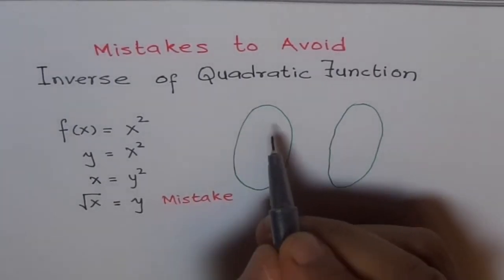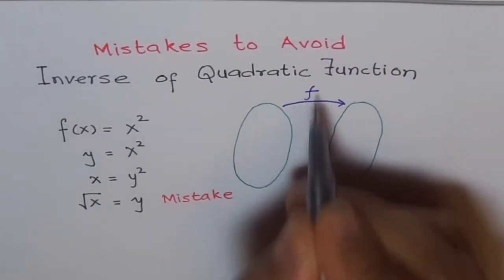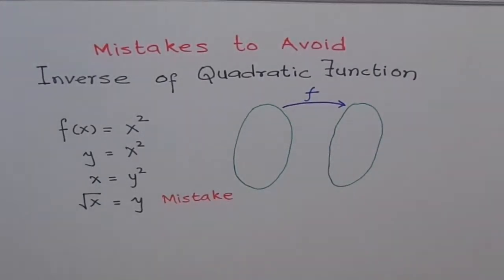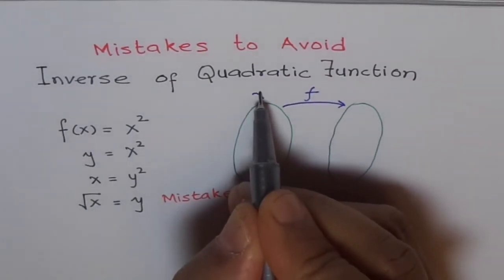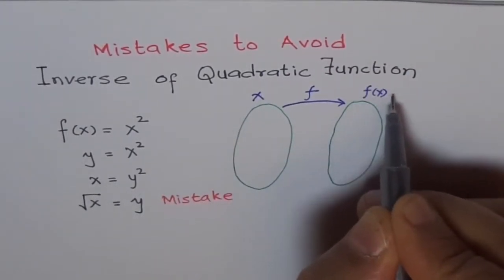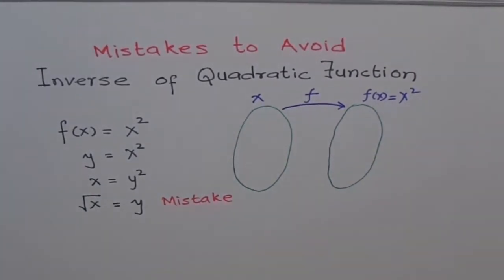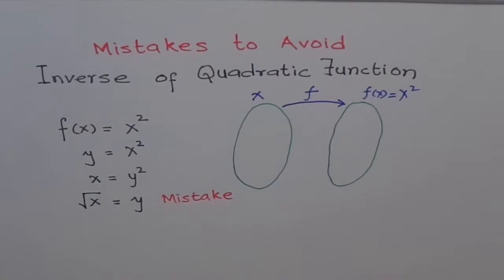So we have here a function f, is it okay? And how is this function defined? It is converting these x values to f(x), which is equal to x squared. That's right. So let's put some x values and get those values of f(x).